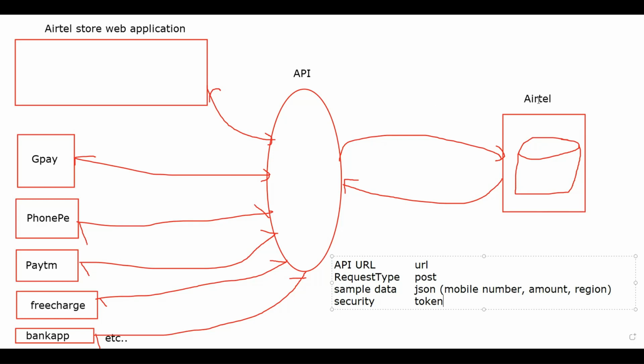If I want to interact with Airtel, we'll request API credentials. They will provide you URL, request sample data, and first we need to do the registration. Based on the registration, they will give you the security token. Every time you need to send this token along with your request, then only it will allow. All these parts we will implement as part of our application.